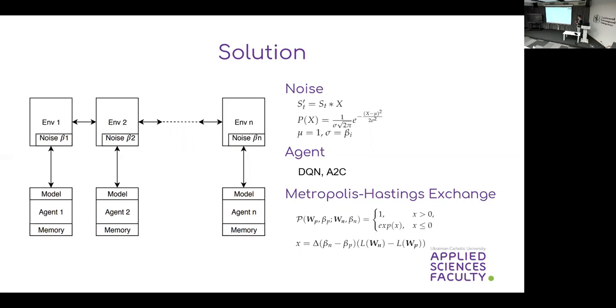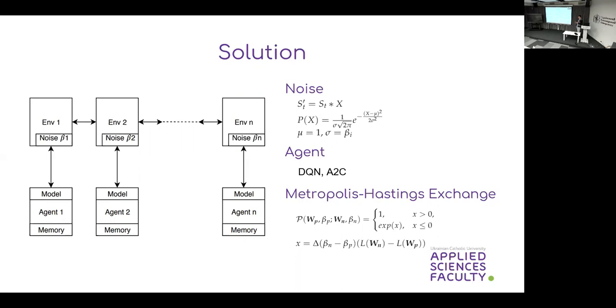We adapted this rule for the reinforcement learning setup. What are we using to make this exchange? First of all, it's the noise of the environment and the recent score of the agent for the last some number of iterations. Basically, it means that we will always, with probability equal to 1, exchange the environments for the agents if the agent with higher noise has a higher score.